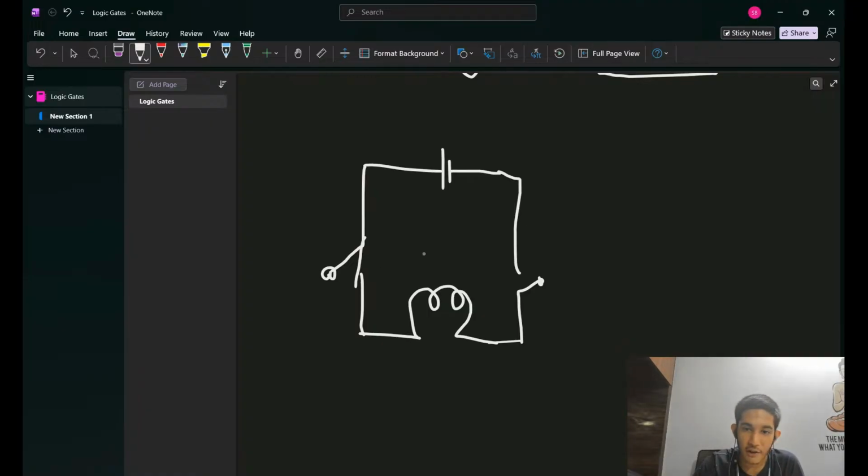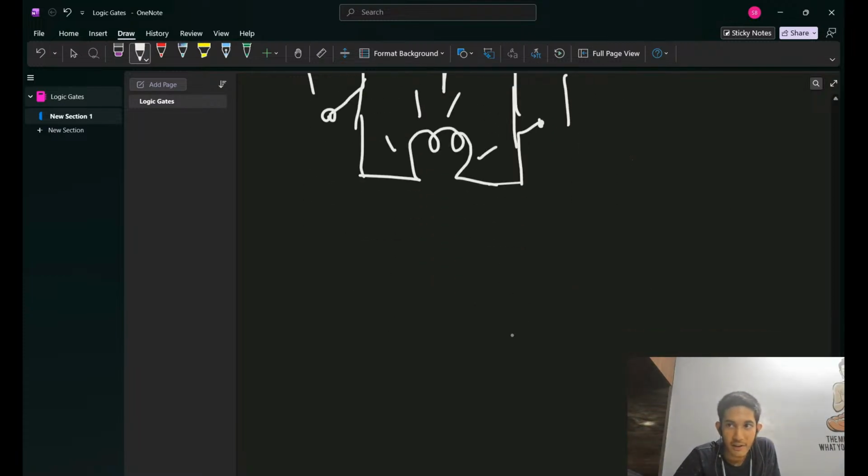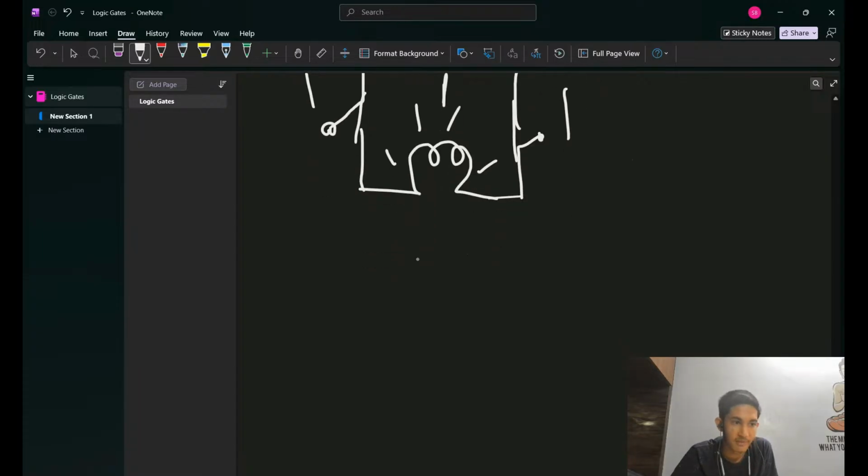But only when I close both, only when both are one, does this bulb light up. So this will also be one. That is a very simple physical form of an AND gate. There's also a way to make this on a very small scale with transistors, which are basically tiny electrical switches, but I am not going to talk about them now.